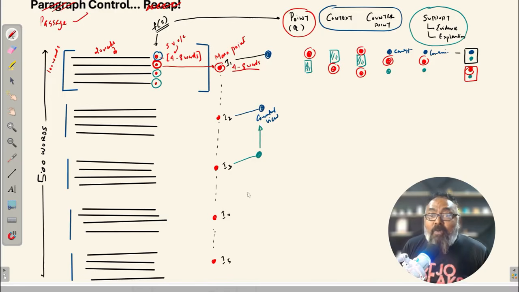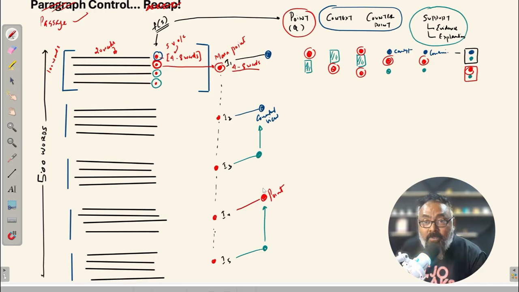Now paragraph number 4 says, oh wait a minute, I'm going to have a rebuttal. I'm going to make the point. And then say, look, here I'm going to support this particular point. It could be that. And eventually what we realize is that for the entire passage, this particular part would be his main point.